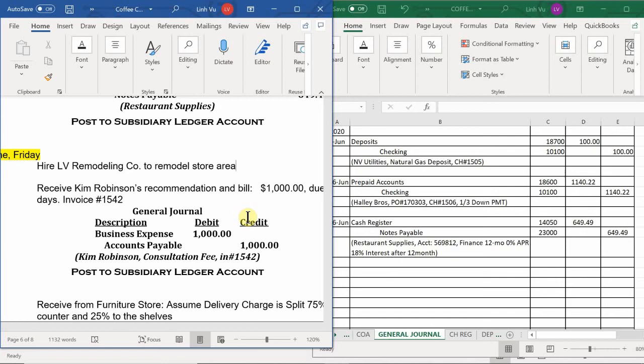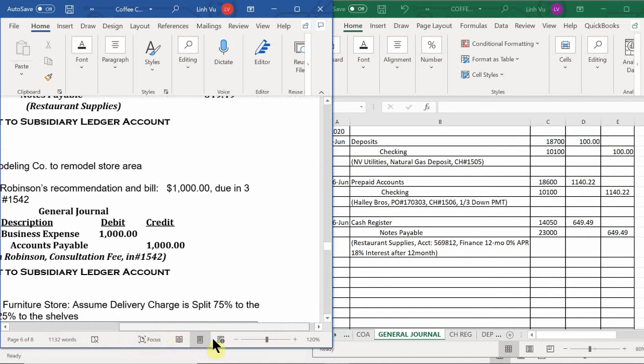However, Miss Kim Robinson's design is complete, and she sent you a bill that says, "Hey, you owe me $1,000 for consulting fees, and here is your bill. It is going to be due in 3 days."